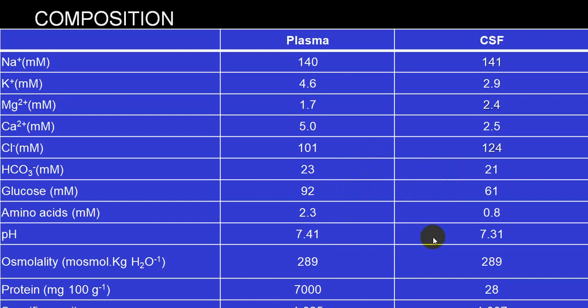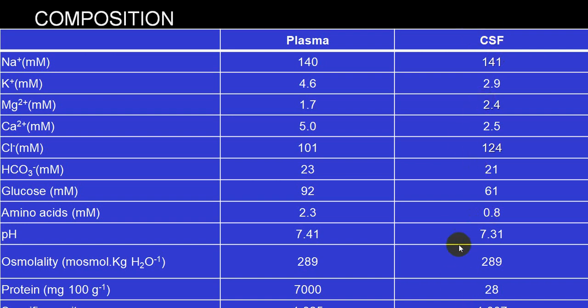Then pH is a little less in CSF, I think because bicarbonate is relatively a little less here. Osmolality of both is nearly the same. Protein is markedly low. You can see protein is 7 gram, while here it is only 28 milligram. And specific gravity is a little less in CSF. So this will be the normal composition.